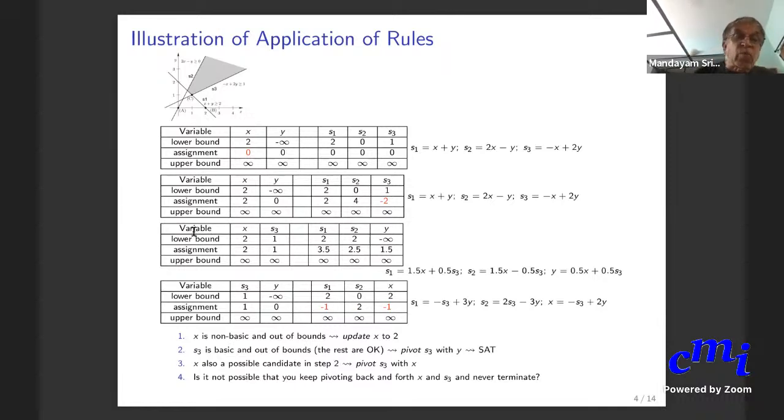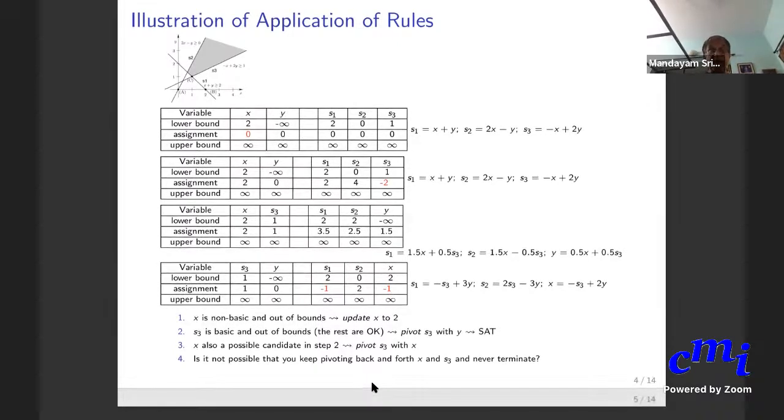Why not? When simplex is exploring all these extremity points, these intersection points, as I call them, which are not solutions, is it not possible to keep pivoting back and forth?